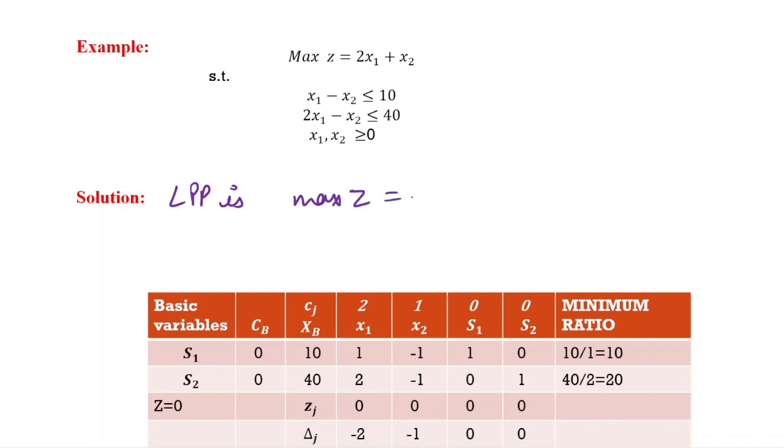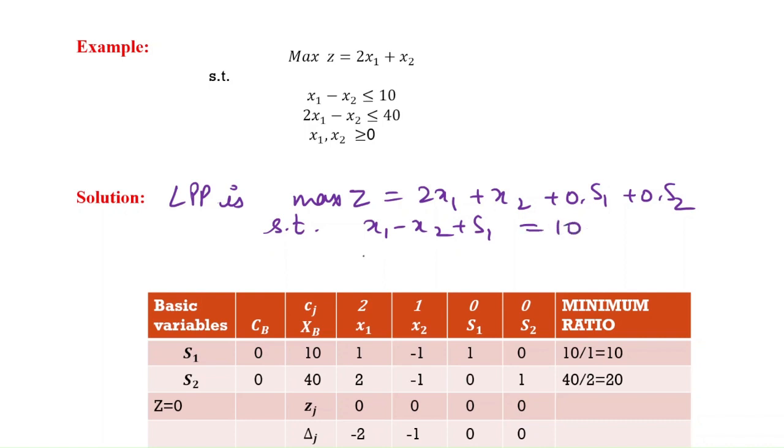Maximize z, 2x1 plus x2 plus 0s1 plus 0s2 subject to the constraints, where x1, x2, s1, s2 are all greater than or equal to 0.